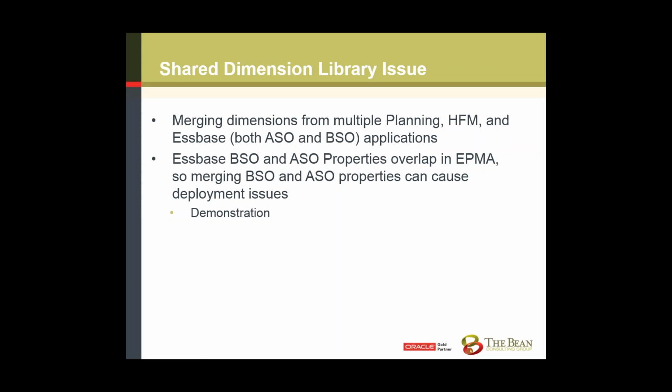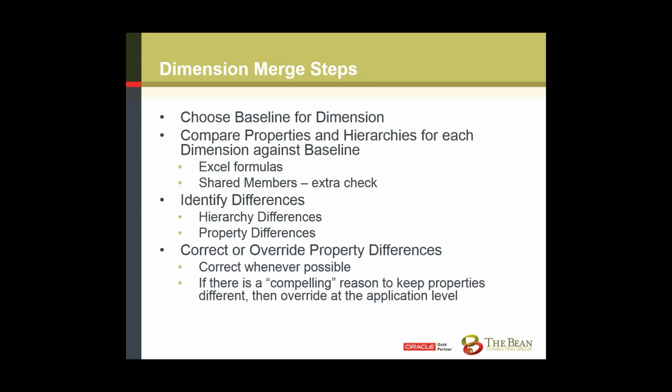As you merge these together, you may wind up with conflicts on these properties, and you have to choose one or the other. I'm going to show a demonstration of this in just a second, because I think it's a little bit easier to see that way than to look at screenshots. But before I do that, I want to walk through the steps for doing the merge of each dimension.